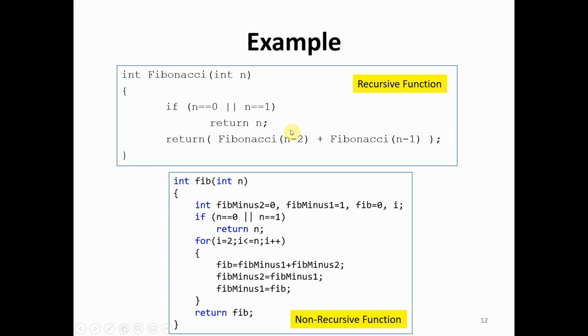Otherwise, calculate the last two Fibonacci numbers, add them up and return it. So it makes writing the program very easy for the programmer. We're putting too much pressure and computational complexity on the compiler, because we have so many function calls here, but writing it is very easy for the programmer.